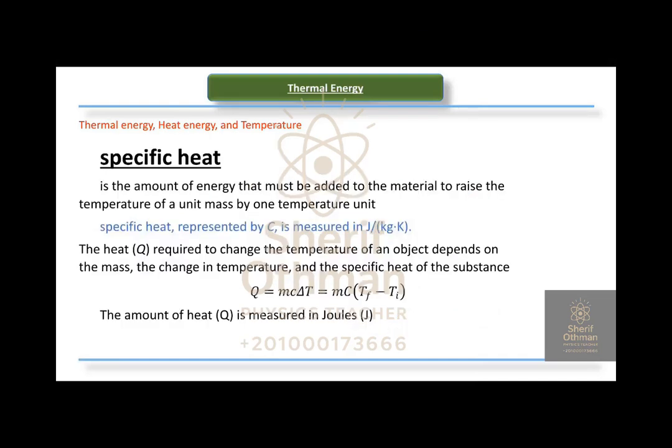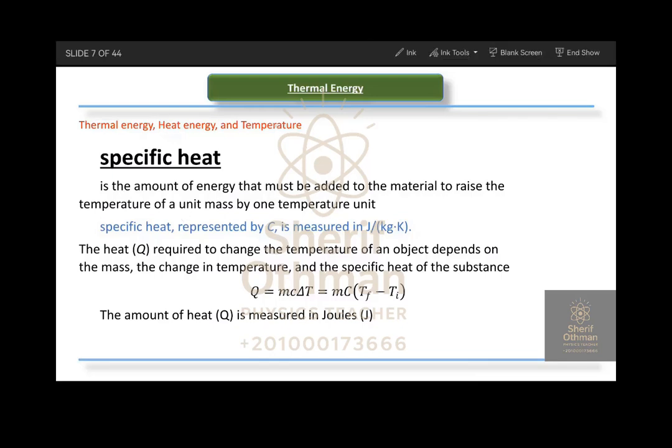Let's define specific heat. Specific heat, as we said, is the amount of energy that must be added to a material to raise the temperature of unit mass, which means 1 kilogram, by 1 degree temperature. Specific heat is represented by C and measured in joule per kilogram dot Kelvin.